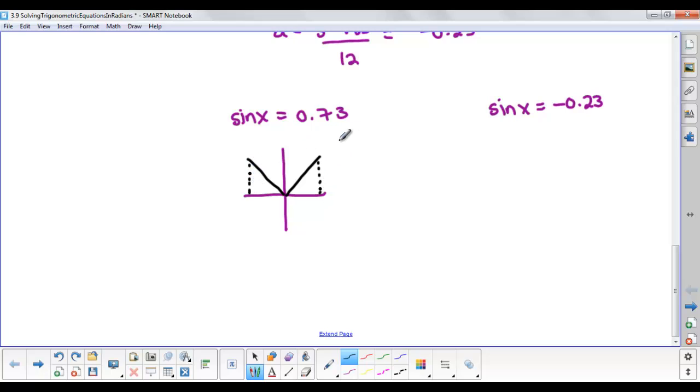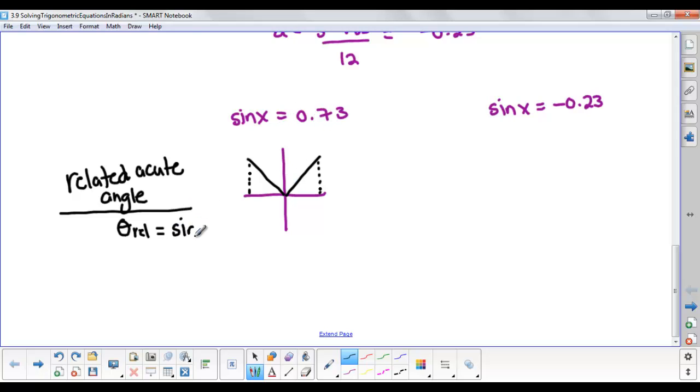Now we need to figure out what that related acute angle is. So we'll call it theta related. The way we get that is we're going to have to do sine inverse to figure out what that angle is. So sine inverse of 0.73.